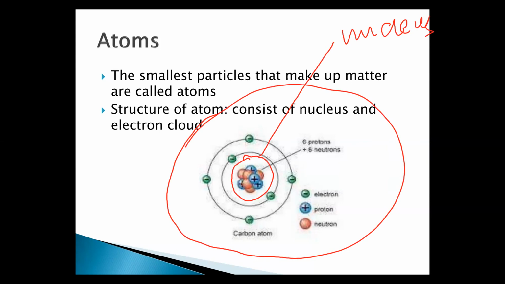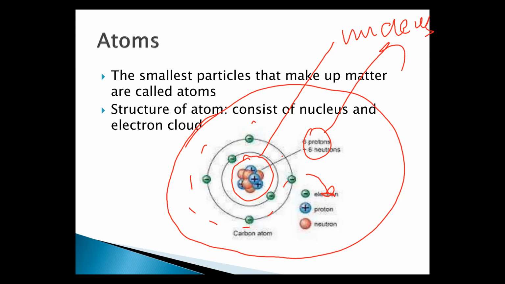You find these two, protons and neutrons, right? And then on the outside, what do you find? These, the electrons, right? So you must understand, in the center is what is called the nucleus, and in the center you find protons and neutrons. And then on the outside lie the electrons. That's the representation of an atom.